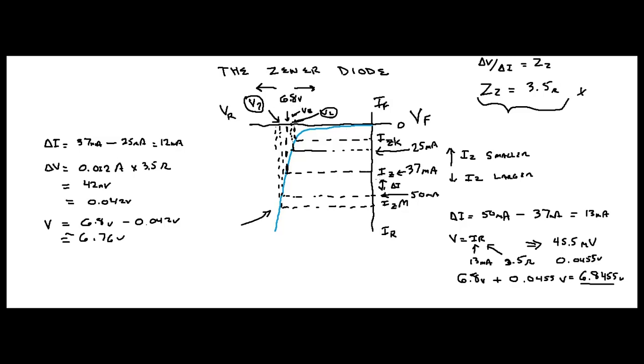Another way to look at it, if your current's increasing, obviously you're getting a higher magnitude, it's going to increase the voltage. If your current has a smaller magnitude, it's going to decrease your voltage, right? But whatever that change in current is, you multiply it times ZZ, and that's going to give you your voltage, and you just add it or subtract it to your Zener voltage, and you have it.